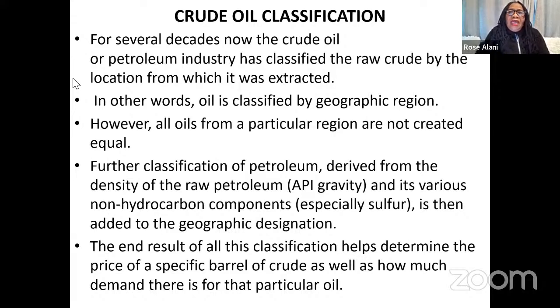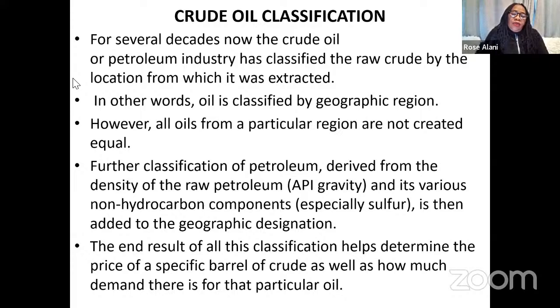So in addition to the geographic condition, you have classification based on density, and then classification based on other non-hydrocarbon components like sulfur.